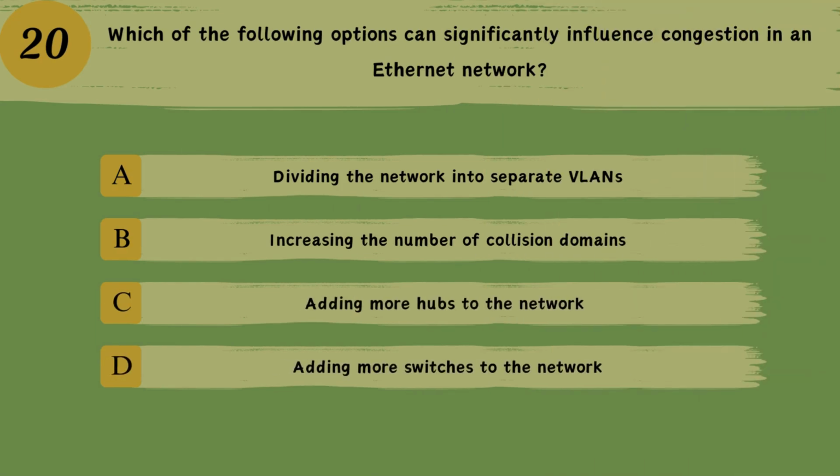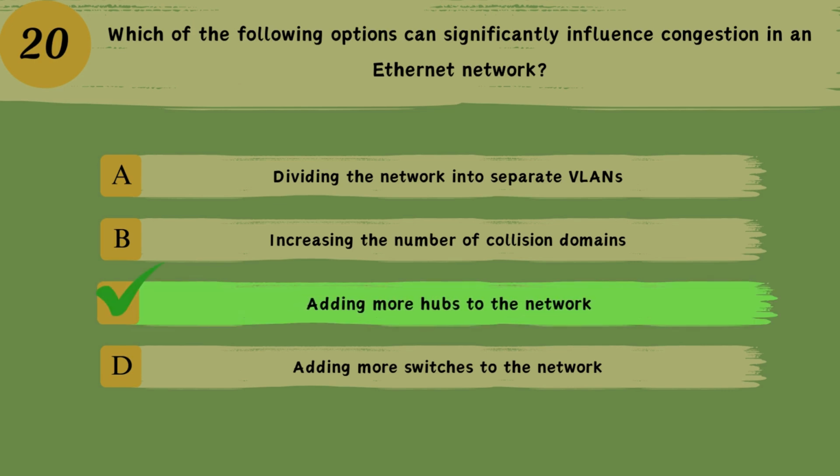Question 20. Which of the following options can significantly influence congestion in an Ethernet network? A. Dividing the network into separate VLANs. B. Increasing the number of collision domains. C. Adding more hubs to the network. D. Adding more switches to the network.